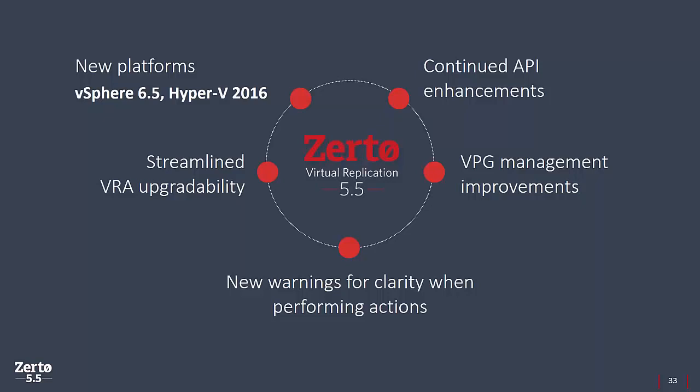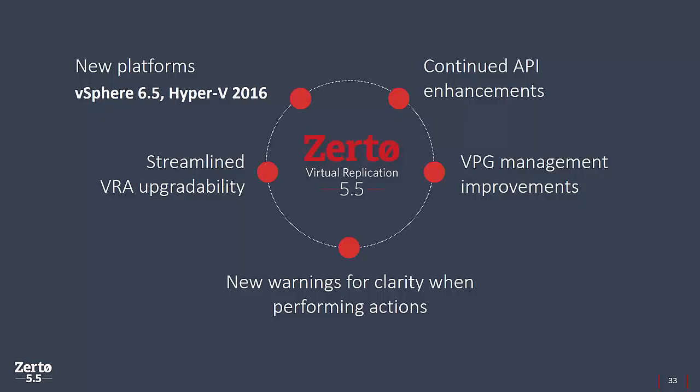No more having to shuffle around VMs and do your Zerto Virtual Manager, then your virtual replication appliances. Bringing it all together, simplifying your life and the manageability of Zerto. We want you to spend less time managing Zerto and more time managing and protecting your environment.